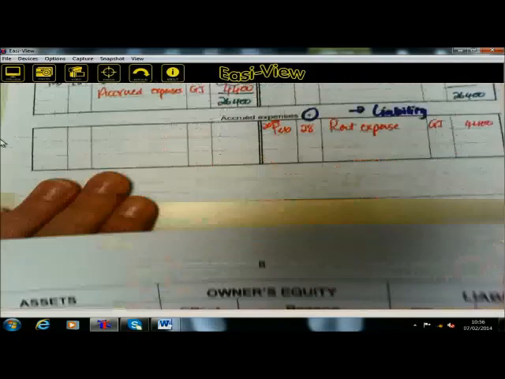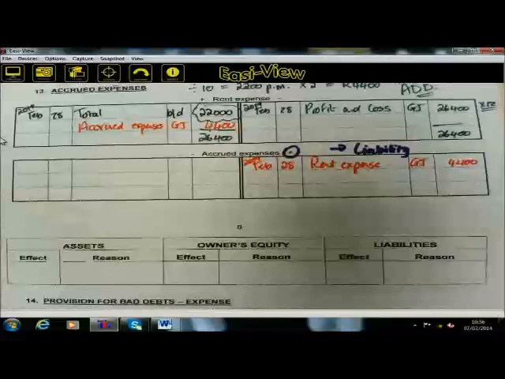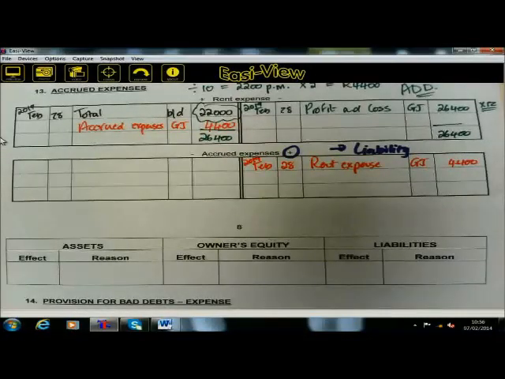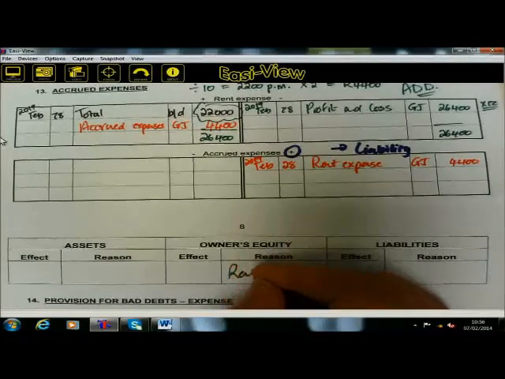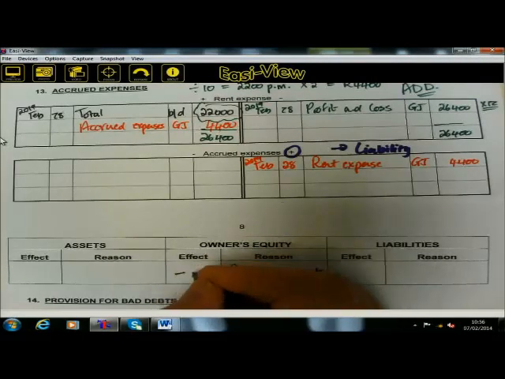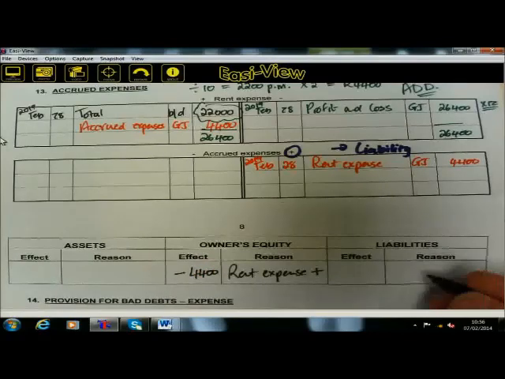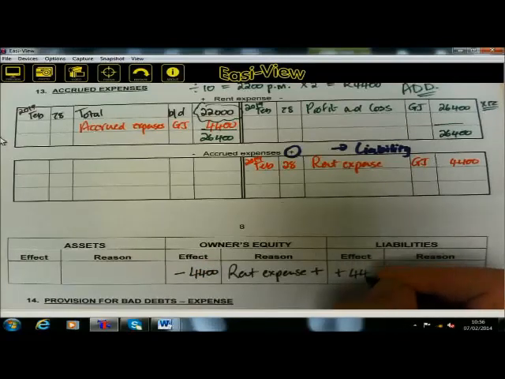Accounting equation. We've got more rent expense, more expenses, less owner's equity, and we've got more liabilities.